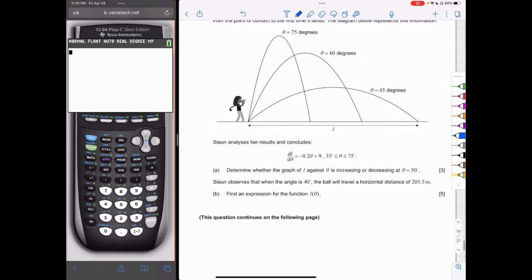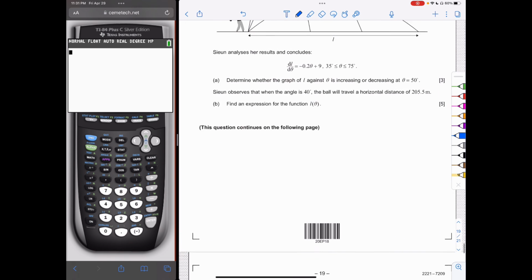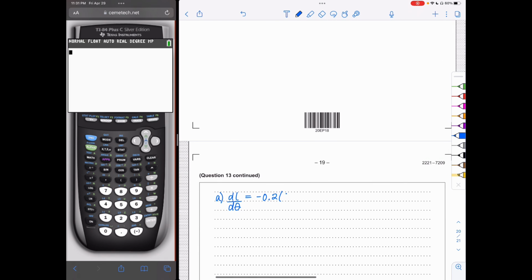Here it says the derivative of L, so we're going to have dL d theta, which is equal to negative 0.2 times 50, because it says 50 degrees, plus 9. So negative 0.2 times 50 plus 9 is equal to negative 1. From there, we can already tell that this is decreasing.